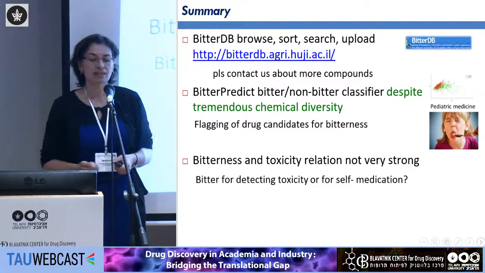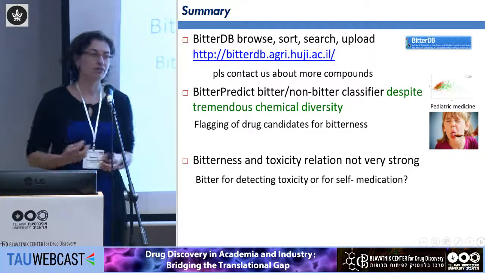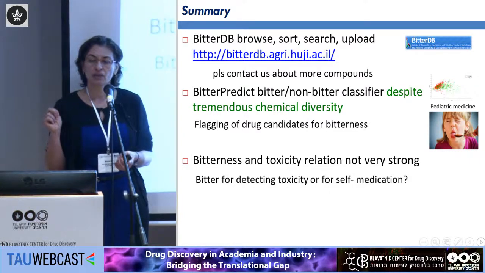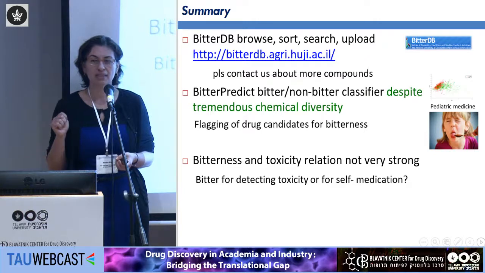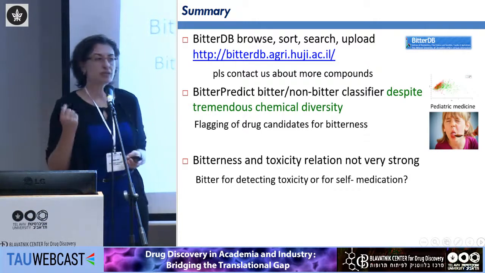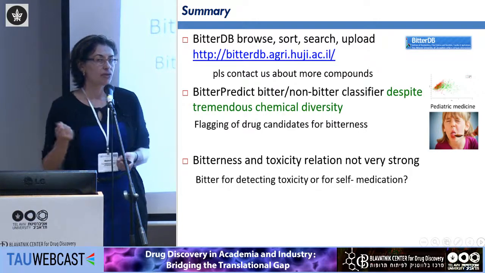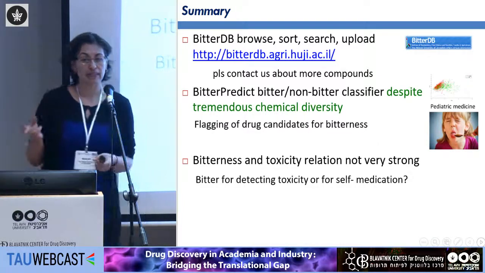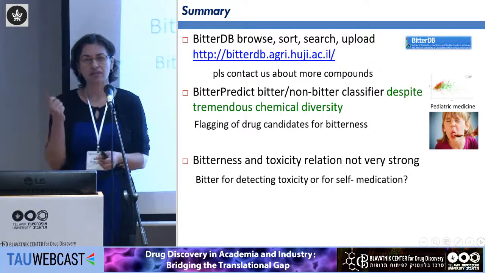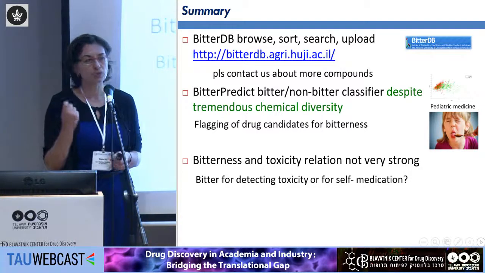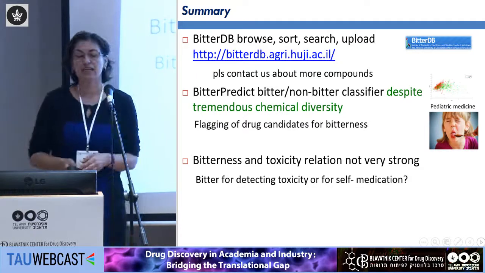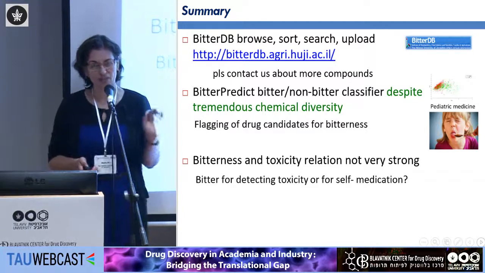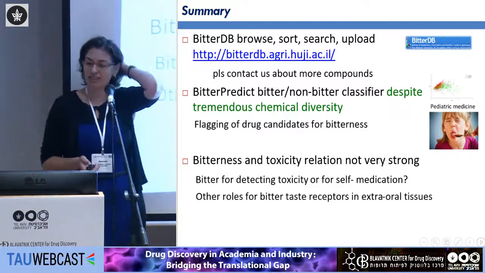I'm even starting to think that detecting bitterness, even though it is usually said to be a marker for toxicity and something to warn you against consuming poisons, has another side, because there is also self-medication in animals, and in ethnographic medicines, where bitter taste is considered an indication of a therapeutically useful substance. So maybe we don't always need to be so scared of bitter taste. Maybe there are also some good things in it.